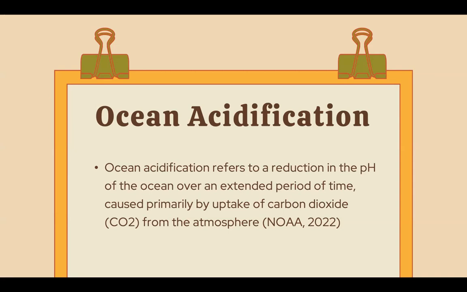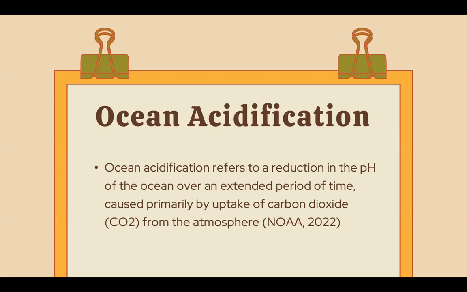We need to remember that as humans, we are connected to our ocean, and our ocean regulates the climate just like our heart regulates our body. So in conclusion, ocean acidification is the reduction in the pH, or power of hydrogen, of the ocean over an extended period of time.